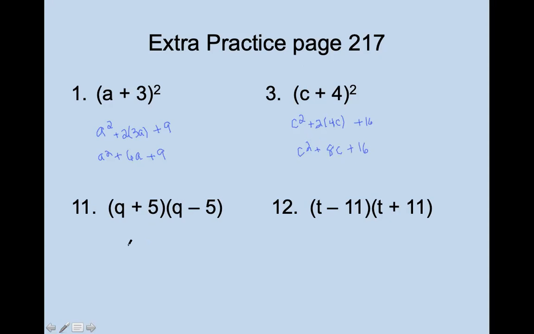This is the sum and difference. Remember, these are nice. You end up with first term squared minus the last term squared. Q squared minus 25. Same thing here. T squared minus 11 times 11, 121. Okay, so those are fast when you see those.